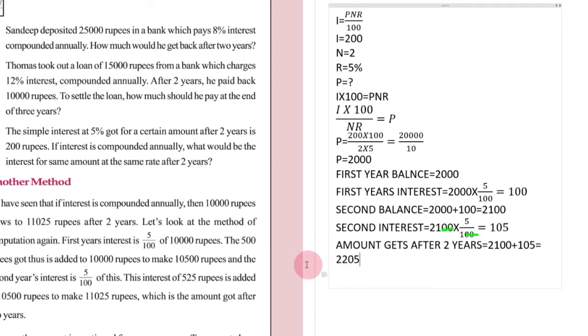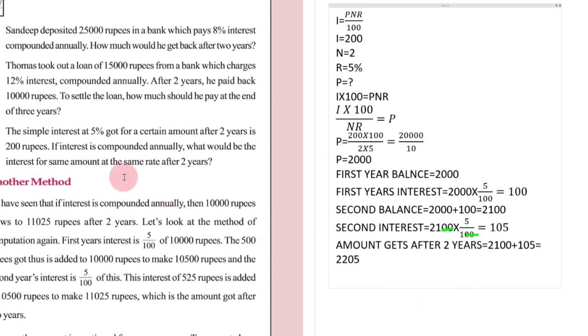So here the simple interest is only 200 rupees. But what about the compound interest? The amount is 2,000, but finally he got 2,205. That means if we compare simple interest and compound interest, the compound interest is 5 rupees more than the simple interest.